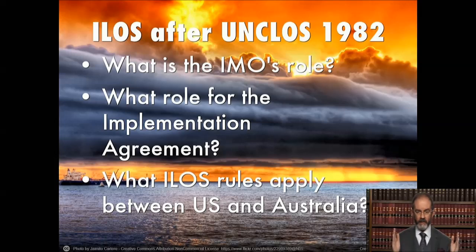And I've just realized the camera is mirror image, so I've done that in the wrong order. But in any event, you get the idea. The convention will say that you shouldn't implement a traffic separation scheme except on or in accordance with the recommendations of the competent international organisation, which in context will be the International Maritime Organization. So it has a much more significant role under the convention than one might at first assume.